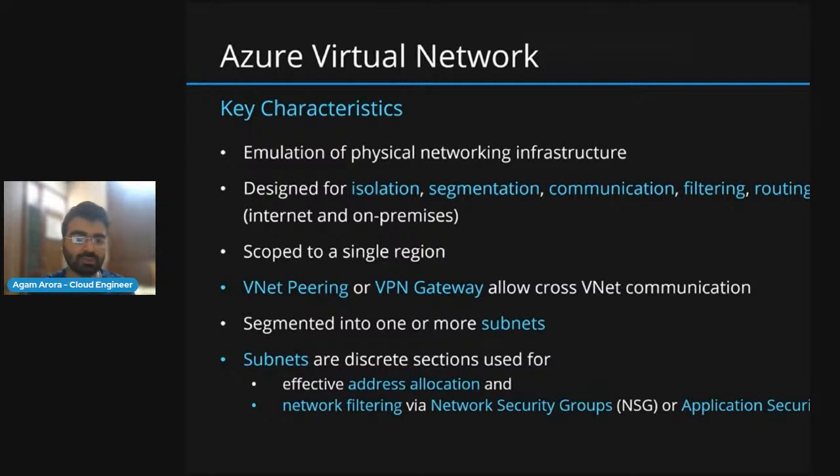The third point is quite important, that Azure Virtual Network is scoped to a single region. So if we are using a single region, let's say East US, within that we have the option of creating that Azure Virtual Network, and within that we have to create the resources.